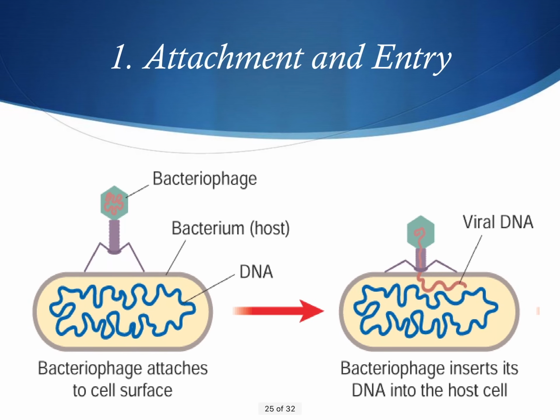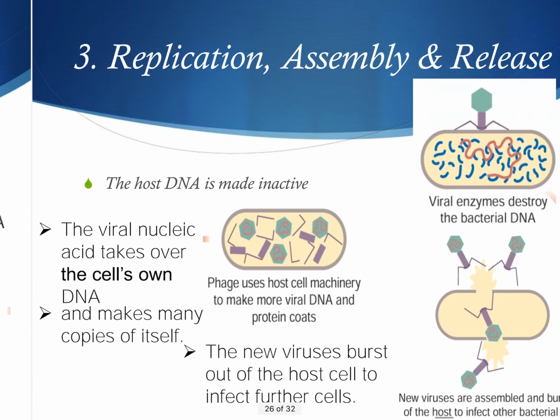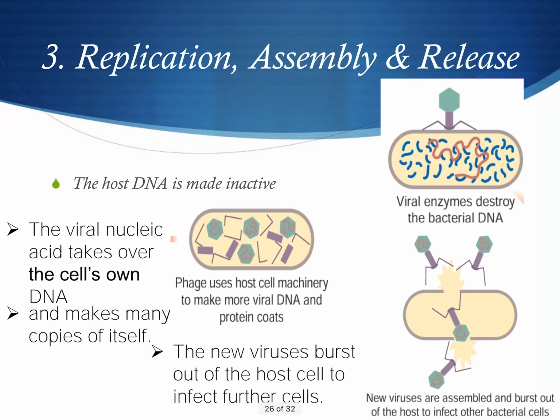Sometimes the whole virus goes into the cell, and then the actual protein coat will be digested by the enzymes in the cell. But in this instance, for bacteriophages, it's normally just the RNA that's injected in. Okay. The third stage then is where the host's DNA, so the bacteria cell or the human cell's host DNA, is made inactive, I suppose.